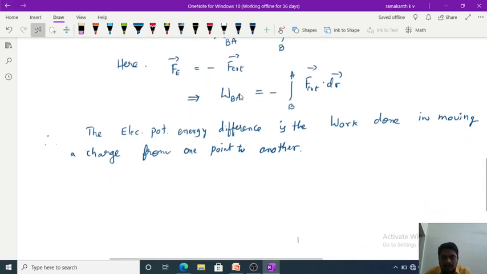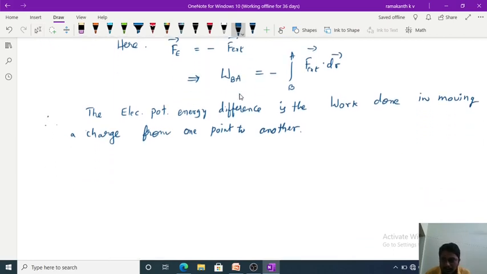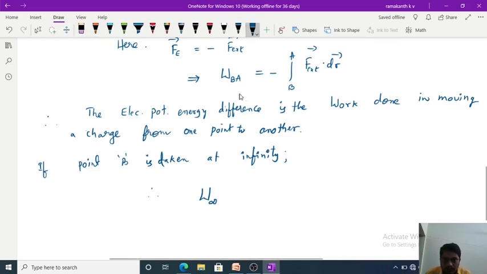Now if point B is taken at infinity, then the above expression becomes W from infinity to A equals minus the integral from infinity to A of F external.